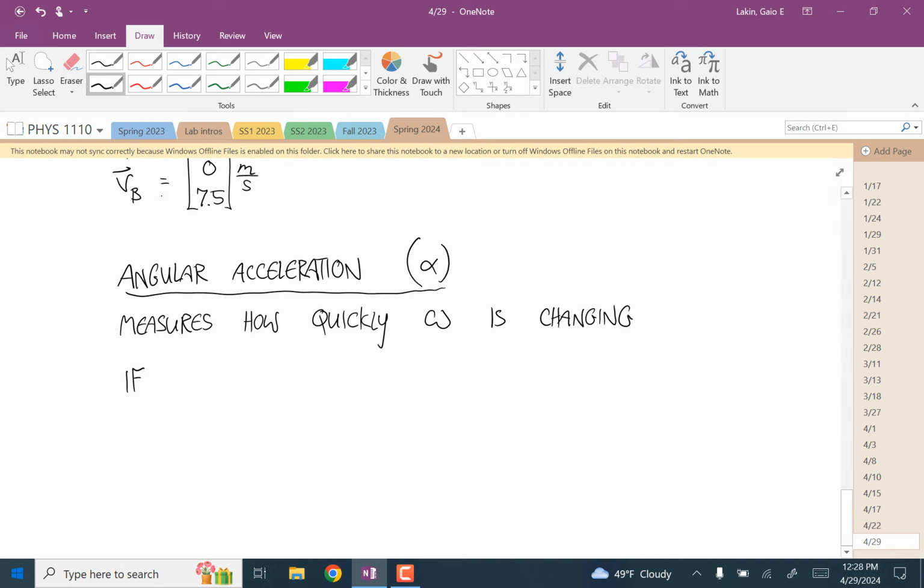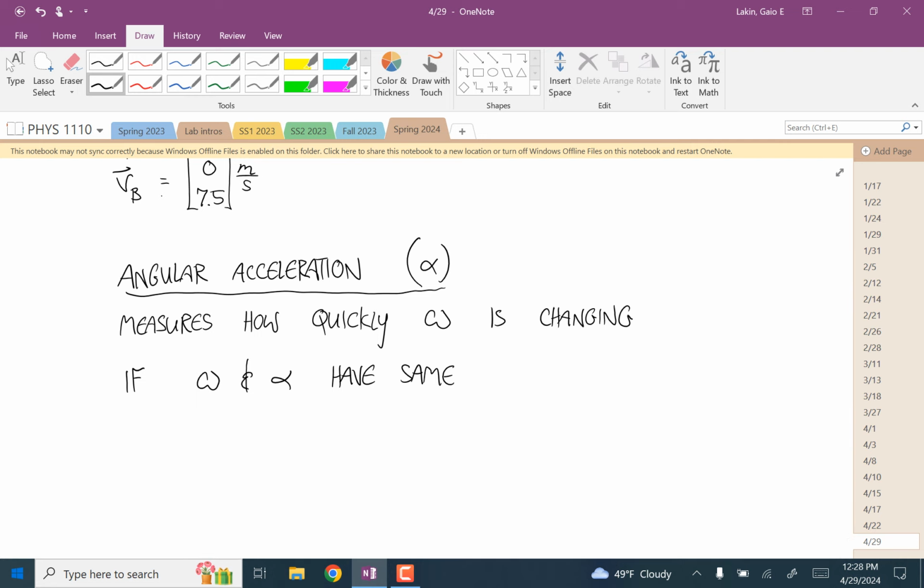If, let's see, if omega and alpha have the same sign, do you think the rotations are speeding up or slowing down? Speeding up, that's right.